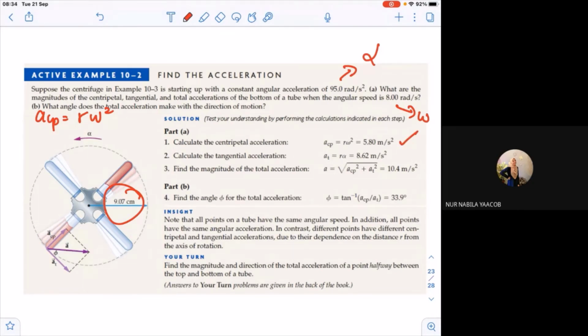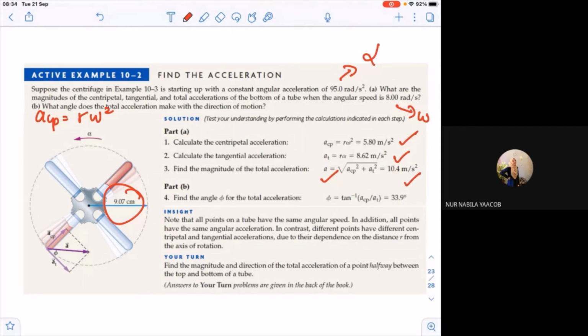Okay, and how about tangential acceleration? So tangential acceleration is r alpha. After you get the alpha, because alpha is 95 radian per second square, you times it with the 0.0907 meters. So you will get 8.62 meter per second square. And of course, this one is the total acceleration, which is equivalent to 10.4.